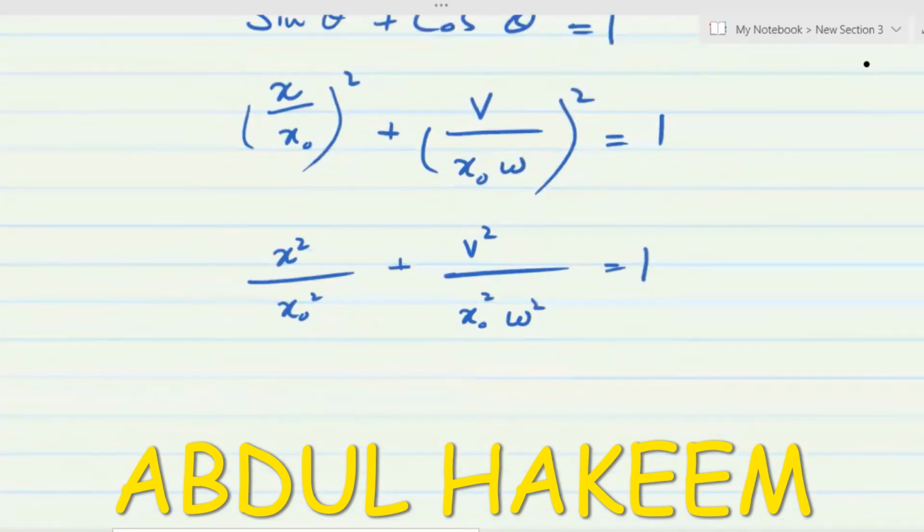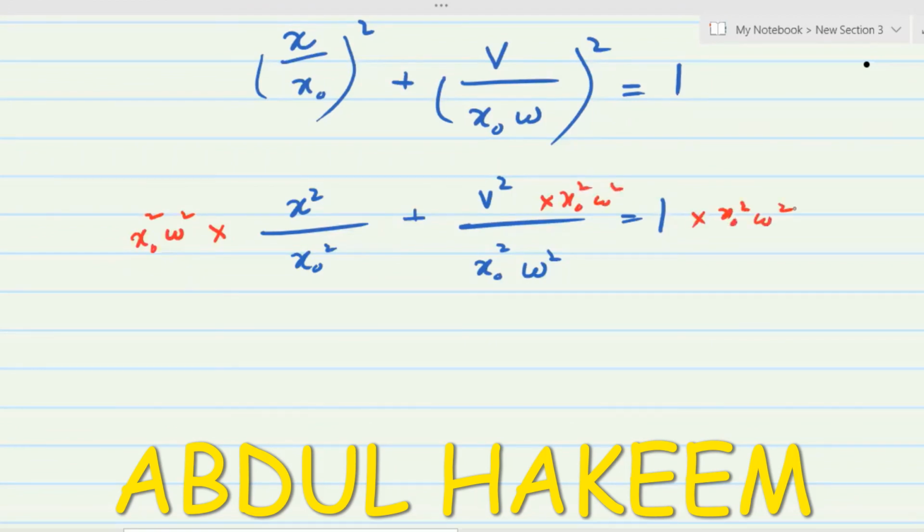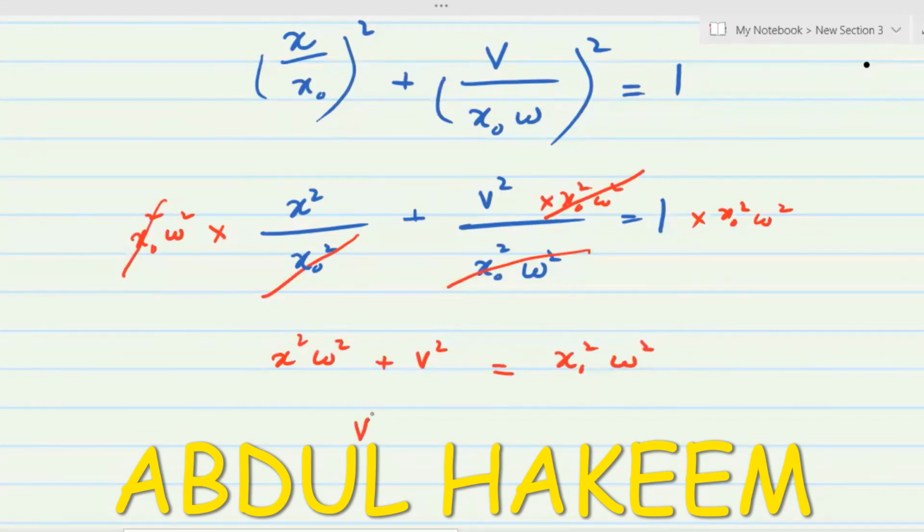Now multiply both sides by x naught square omega square, or add simply by taking the LCM. It's up to you. So x naught cancelled, this whole cancelled. So here it is x square omega square plus v square, which can be written as v square is equal to x naught square omega square minus x square omega square.